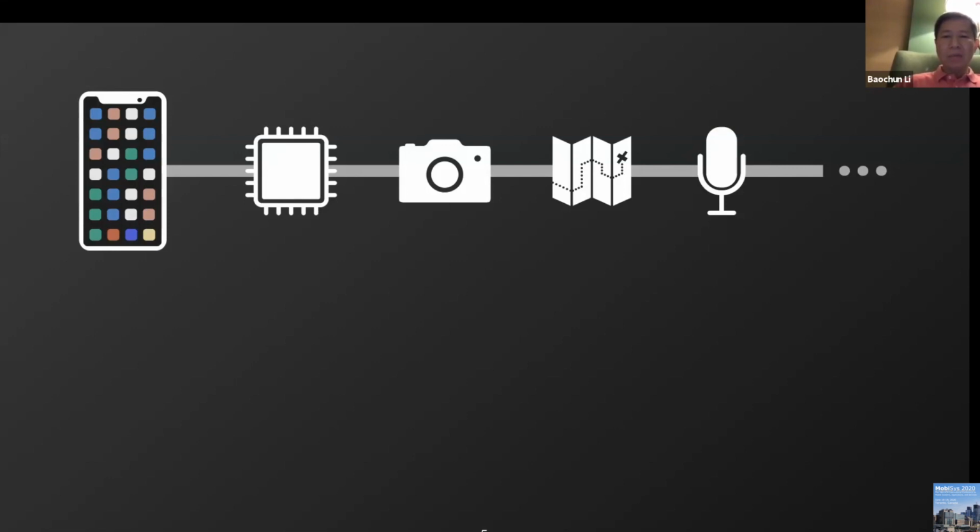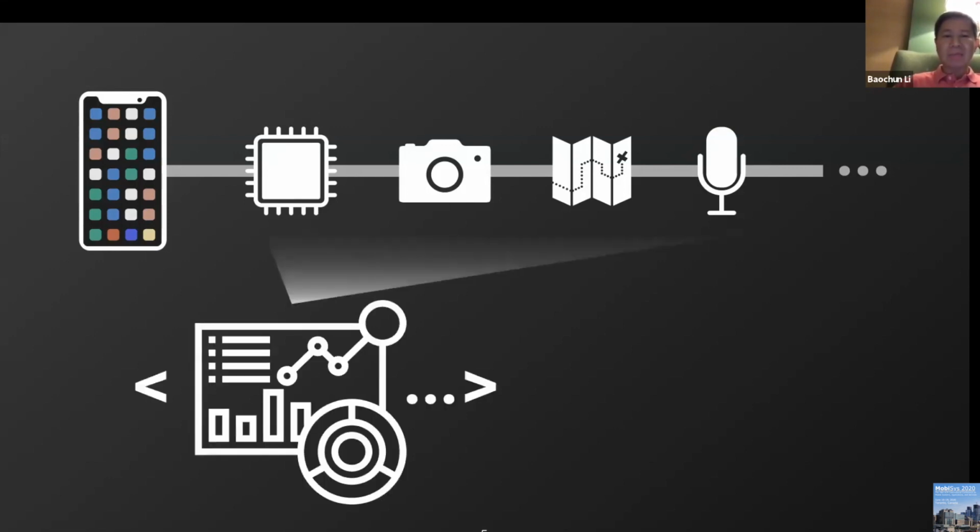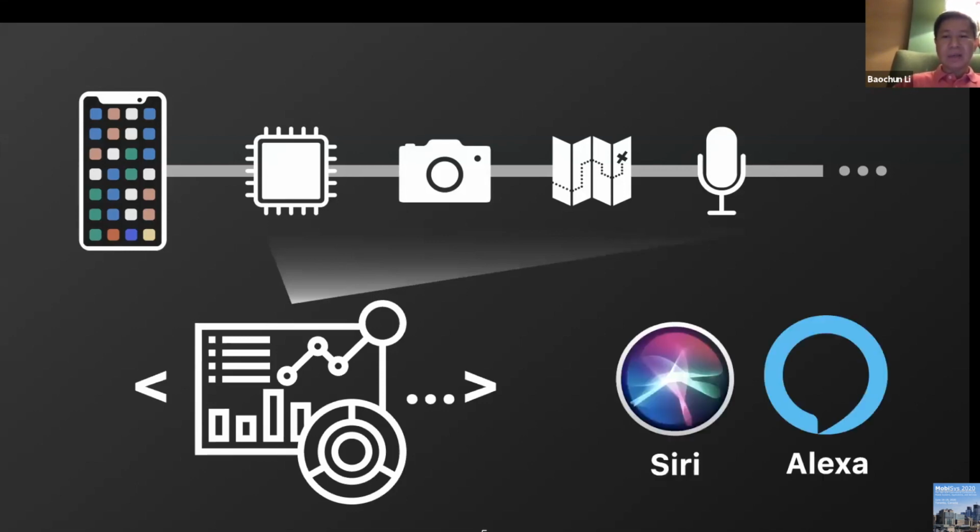And with these hardware capabilities, we have an increasingly large amount of data that we have collected on these mobile devices. And of course, we can perform machine learning tasks on the data that we have collected.